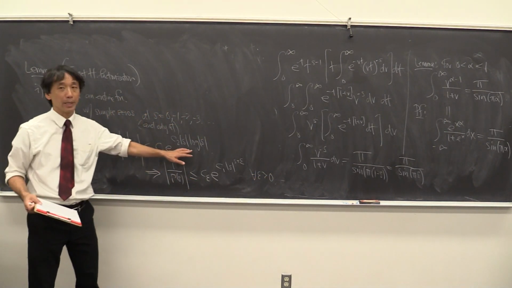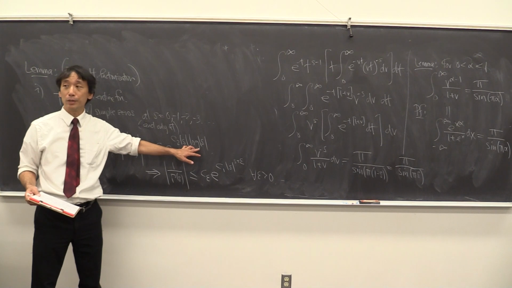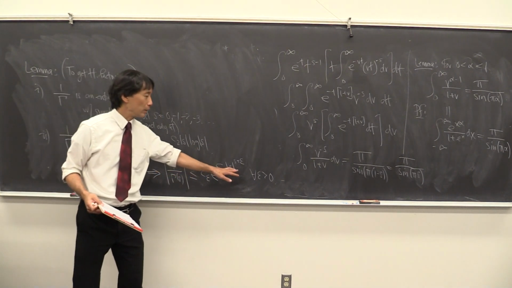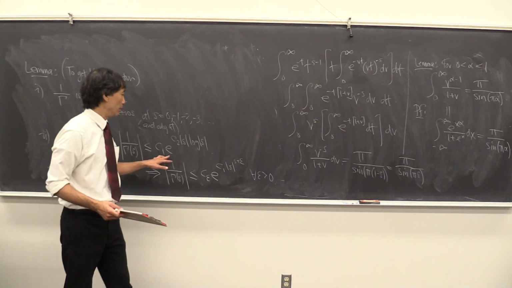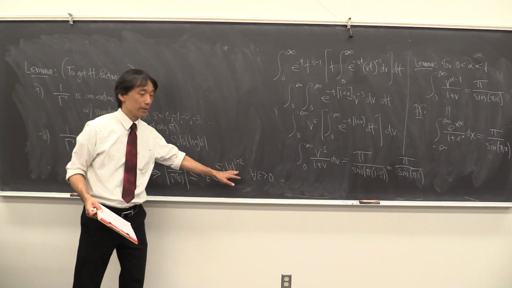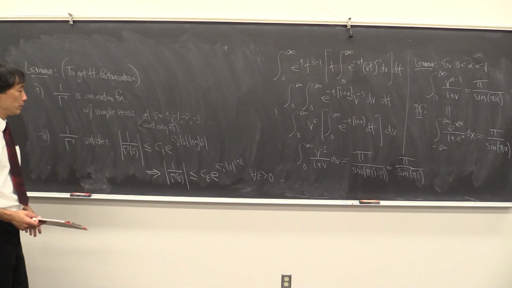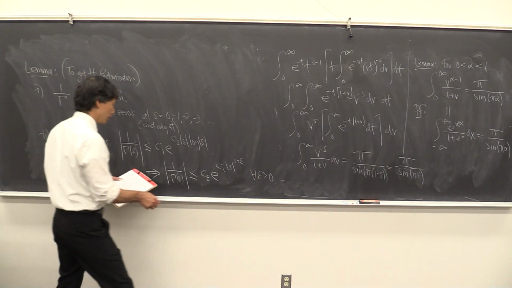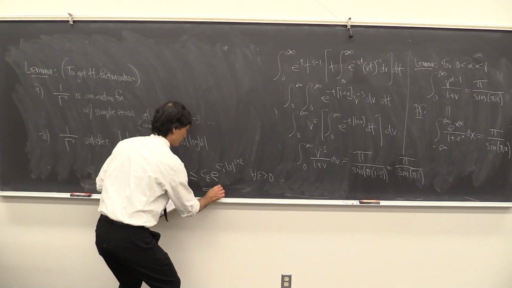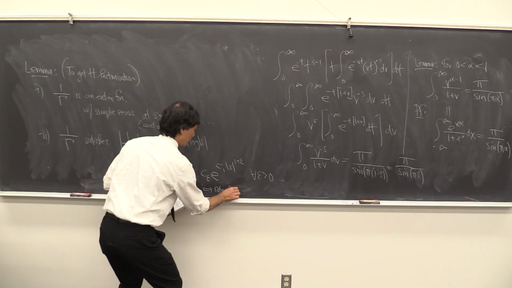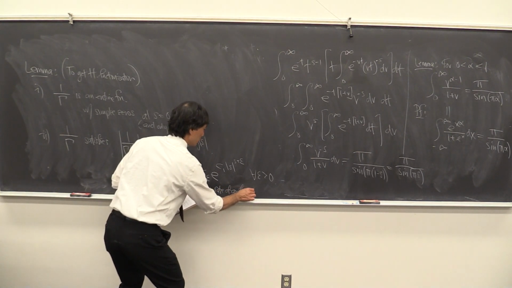Right, because we have this s log s term, so we can make it slower than any s plus epsilon. So the rate of growth is less than or equal to 1.